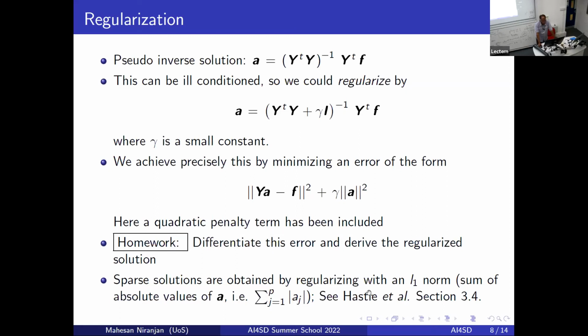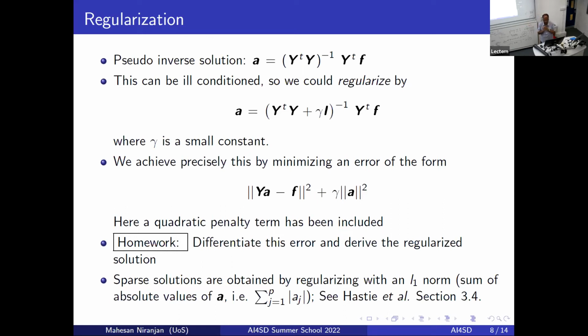What it actually achieves is it will switch off several of the A_js depending on the weighting that you have here. Just the same way this quadratic regularizer compresses the values that these parameters can take, this L1 norm regularizer will push small values to 0.